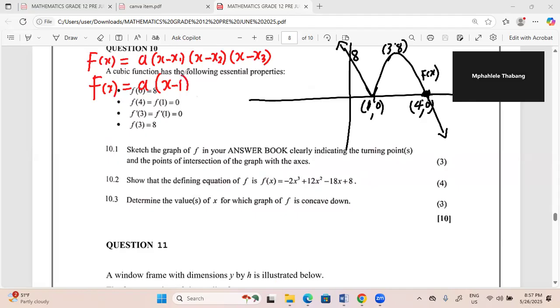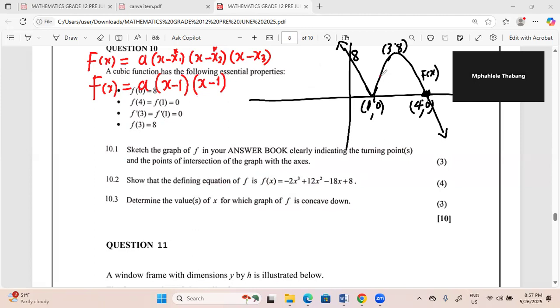This is my first intercept. And I'm going to repeat that x-intercept, 1 again. So my x1 and my x2, I'm going to substitute them with 1. This happens whenever the x-intercept is also the turning point.